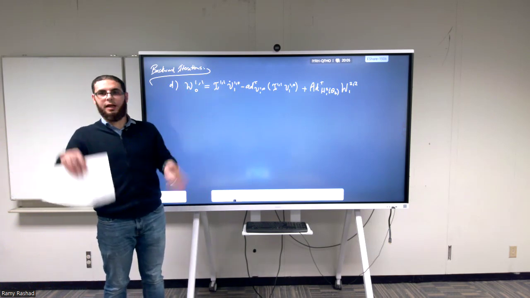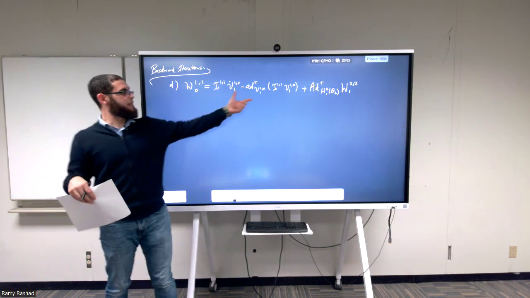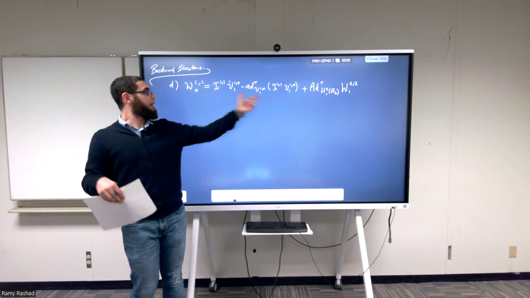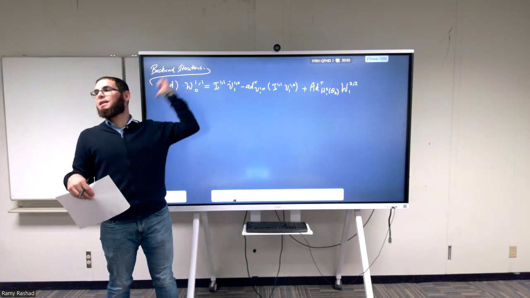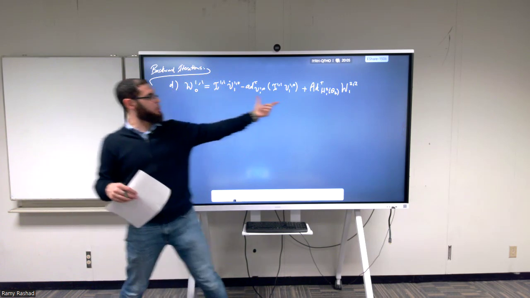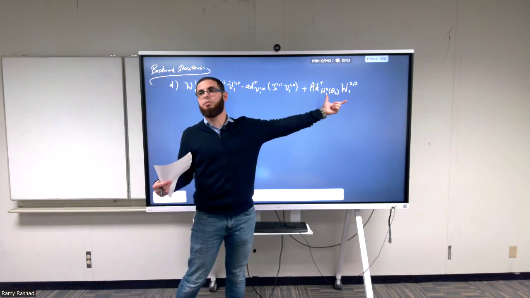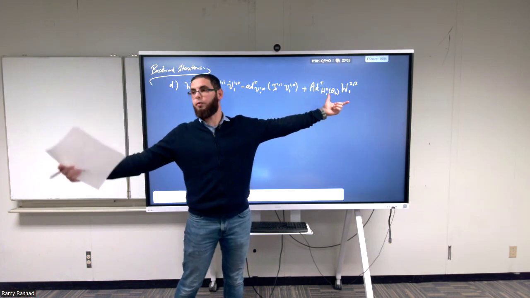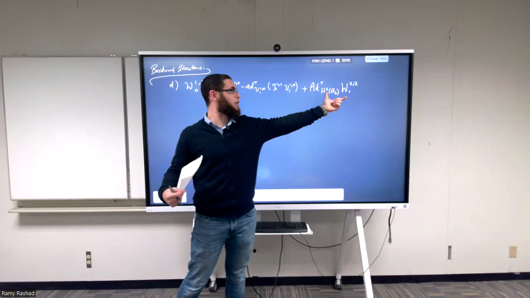This is the inertia of the first link itself. This is the gyroscopic and Coriolis terms of the first link itself. And this is the reaction wrench that comes from the 0 link, which is the base. And this is the reaction wrench that comes from the 2 link.